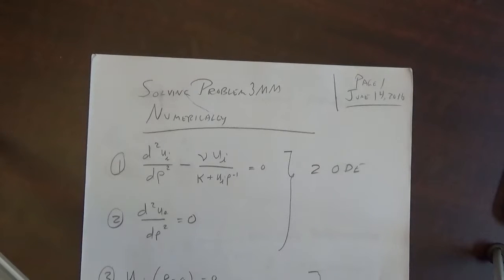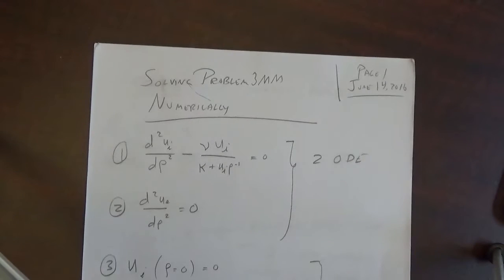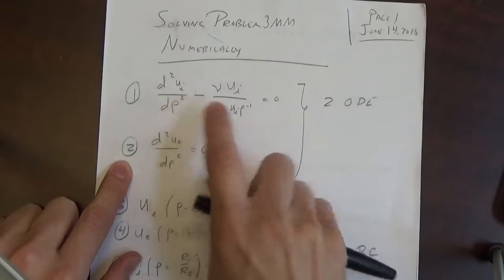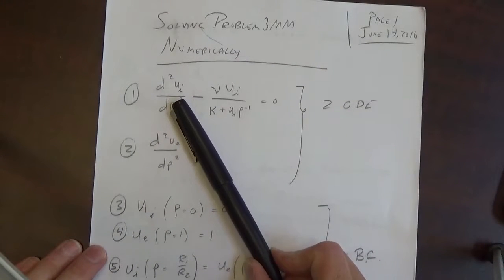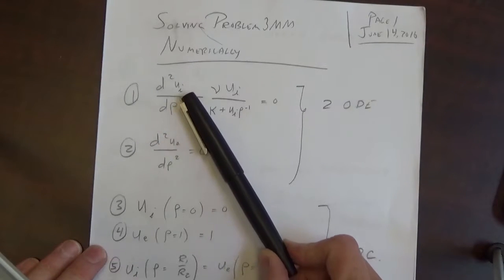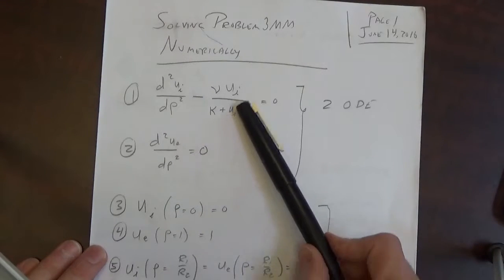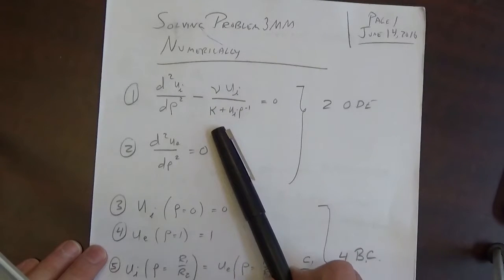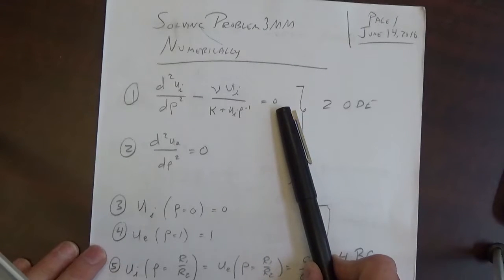So you saw in the setting up of this problem 3 that we wound up with two ordinary differential equations expressed here. This first differential equation expresses what I'm calling the interior solution, u sub I. So that's the second derivative of u sub I with respect to rho, minus this consumption term, which is nu u sub I over kappa plus u sub I rho to the minus 1, and that's equal to 0.